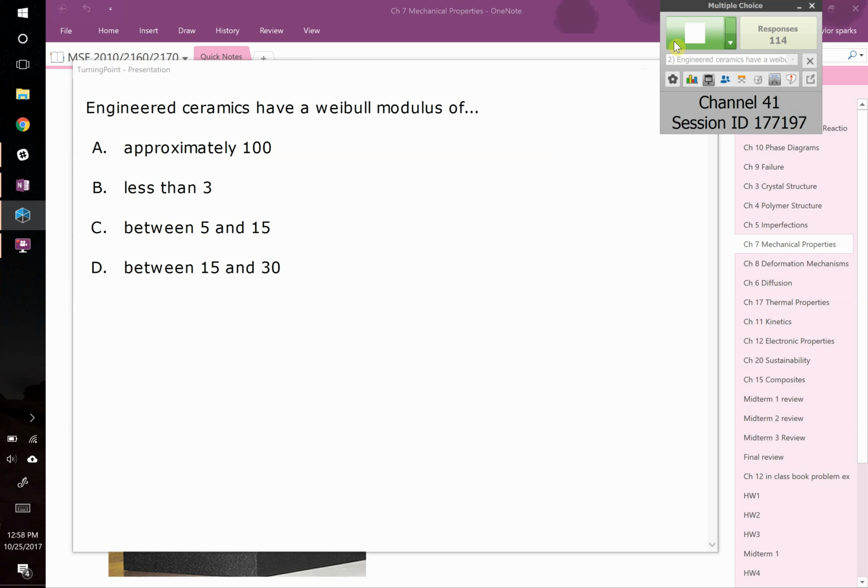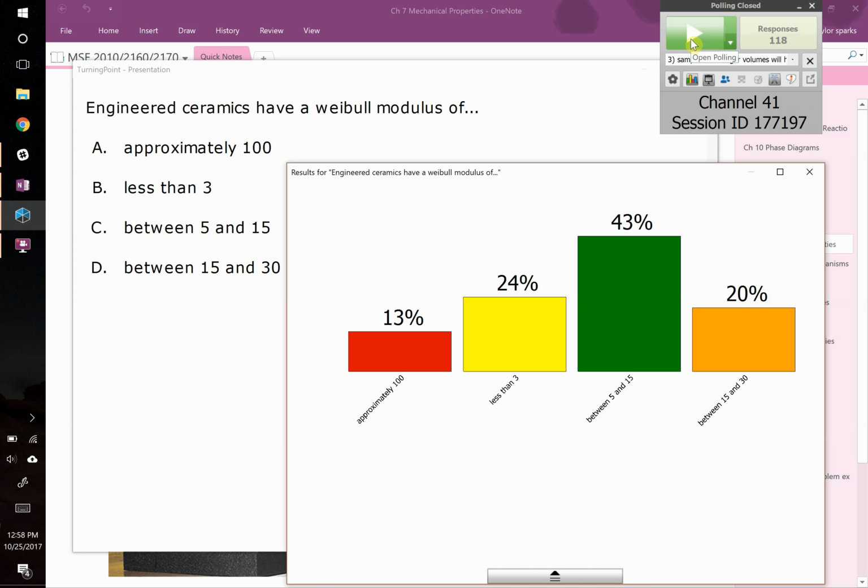Okay, we're going to wrap this one up. Between 5 and 15 is going to be the most common for engineered ceramics.